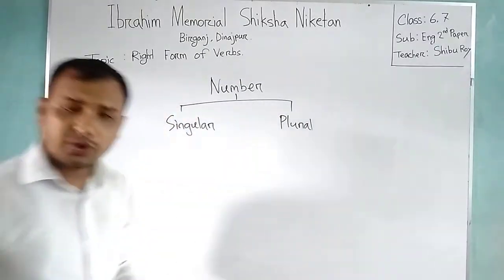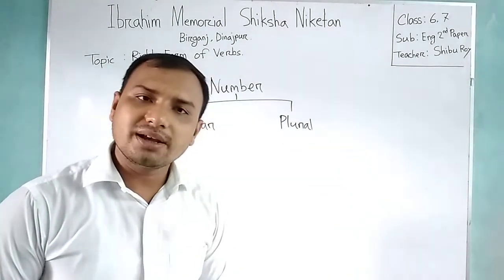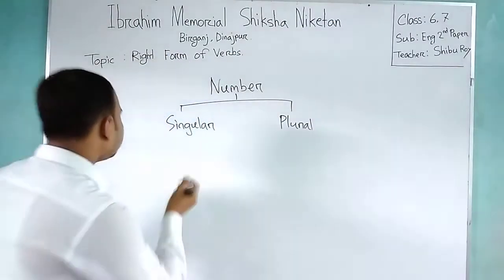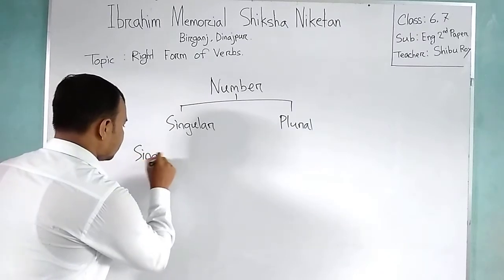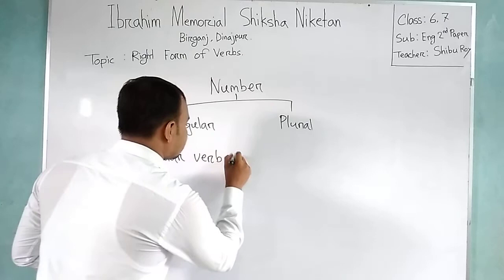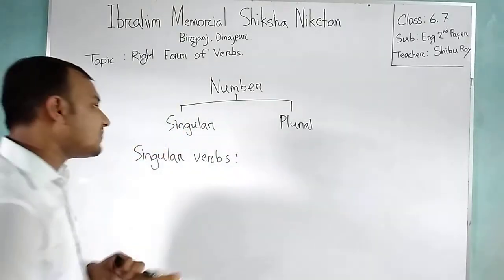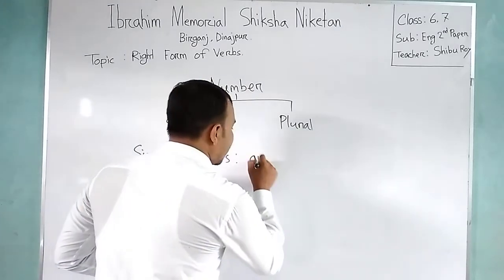So, do you know which verbs are singular and which verbs are plural? I am writing here the singular verbs. What are the singular verbs? If I start with the auxiliary verbs, what will be there?